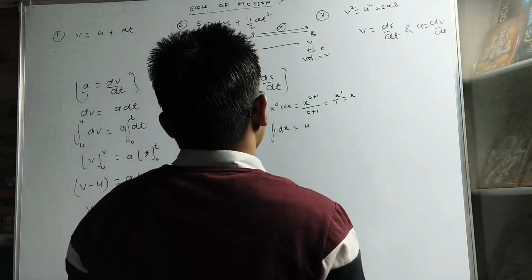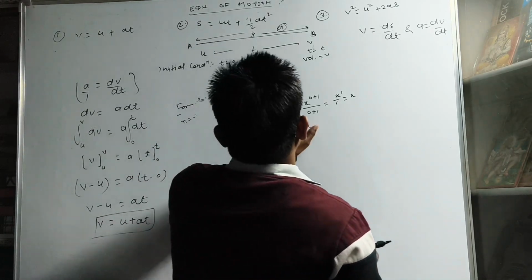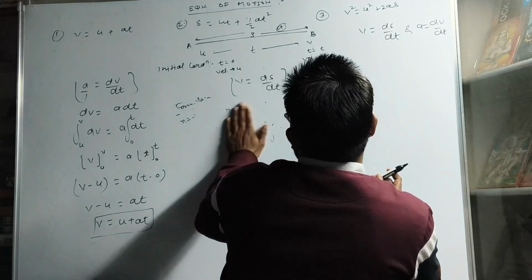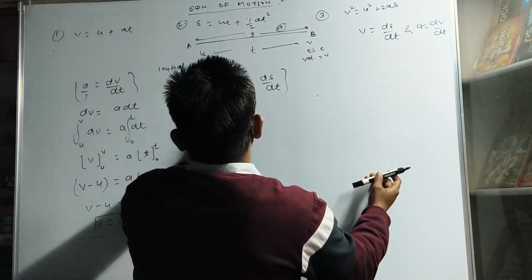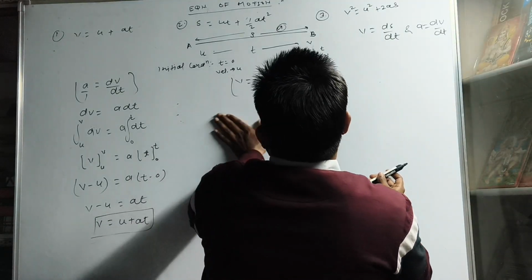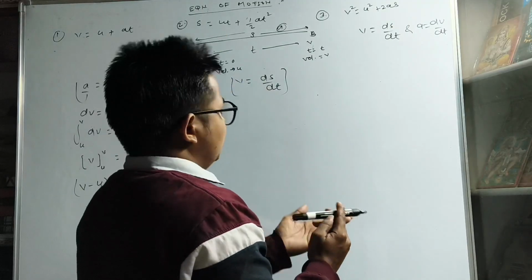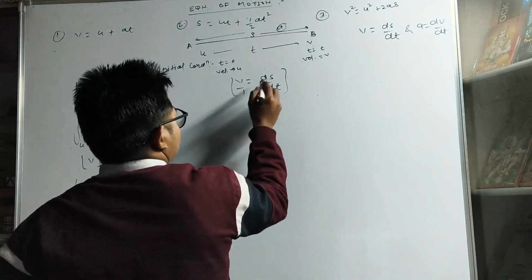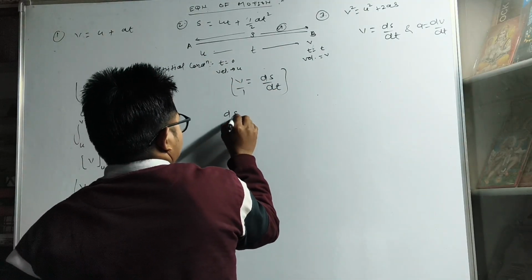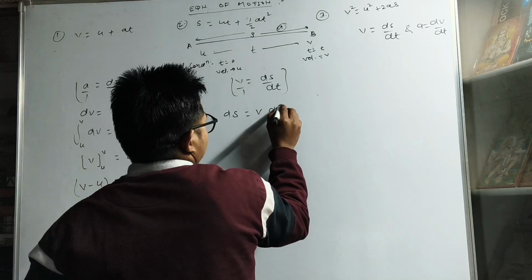Now come to the second equation of motion. We work in the same way. Here we have to find the displacement of the object. So cross multiply this term: ds equals v dt.